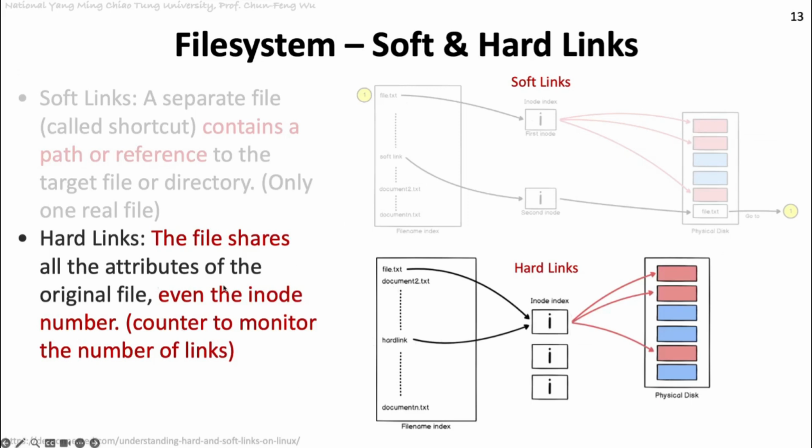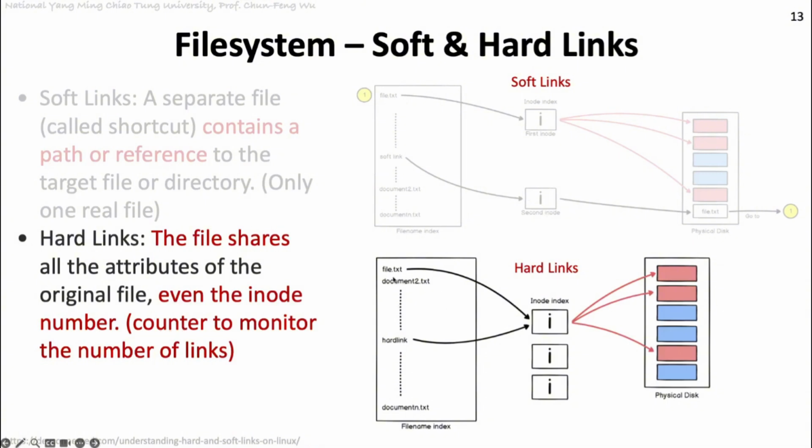The reason for using hard links is that sometimes when you are going to back up data, you can use hard links to back it up. Otherwise, if you use a soft link, it is not really a backup, because if you mistakenly delete the original file, the soft link cannot get back to the original data. But with hard links, there is a counter that keeps track of how many links the file has.